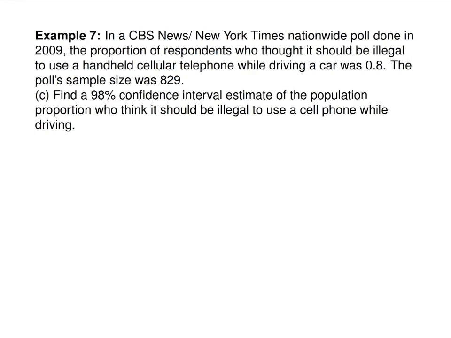Now, what should happen if we increase the confidence level to 98%? Well, our multiplier will change and it will become bigger. We can have 80% plus or minus 2.33 times 1.4%, or 80% plus or minus 3.262%.